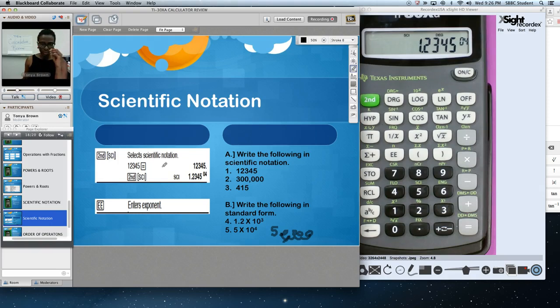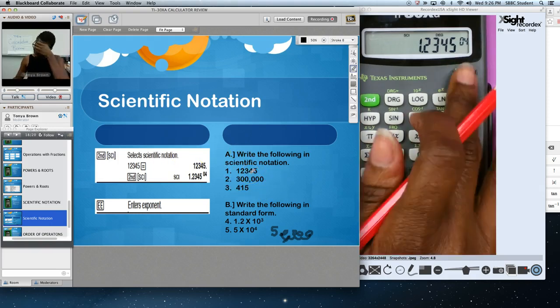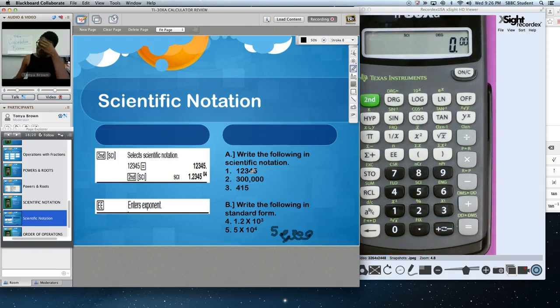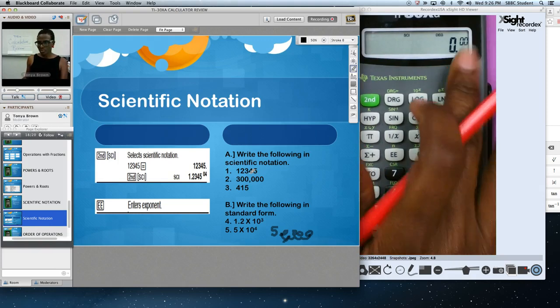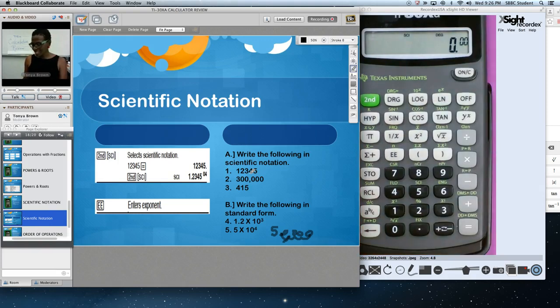Let's try another one. If I want to do 300,000 in scientific notation, do I have to do the second SCI again? I'm asking because there's still SCI on the top of my screen. So if I enter 300,000 and I put equals, it's going to give me 3 and 0.5 as the exponent.